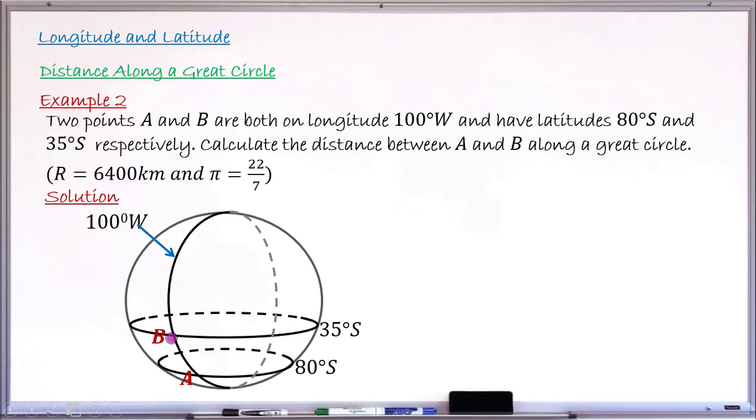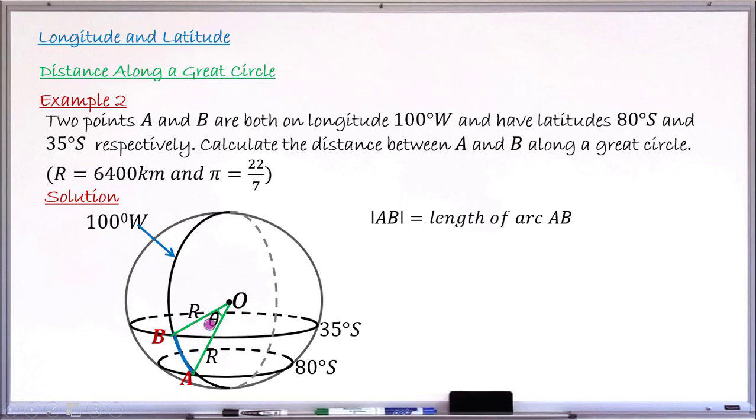So to find the distance between A and B that happen to be on this longitude 100 degrees west, that distance would be nothing but the length of the arc AB. Arc AB, look at AB. Let's see that arc clearly. Look at the blue line here. The blue line here signifies the arc AB, and the length of that arc will be the distance between A and B on the Earth's surface.